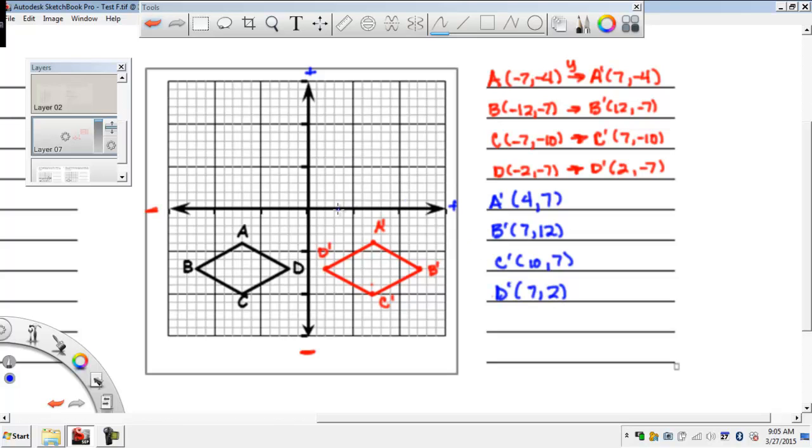We'll plot these points. So 4 and 7, 7 and 12, 10 and 7, and then 7 and 2. So A prime, B prime, C prime, and D prime.